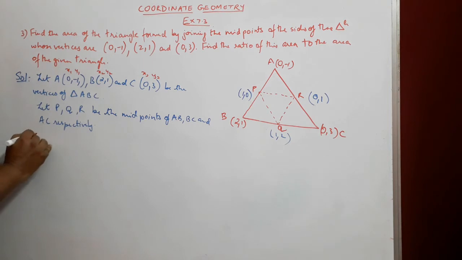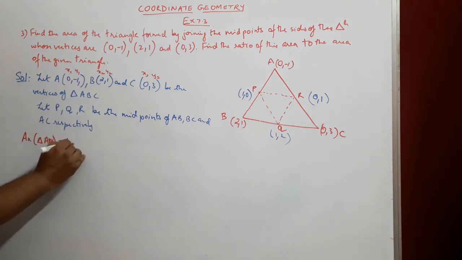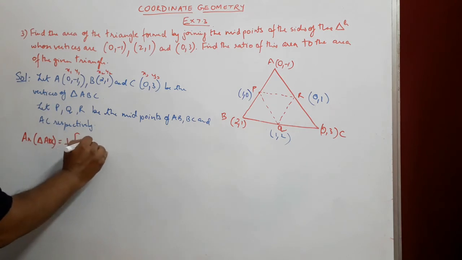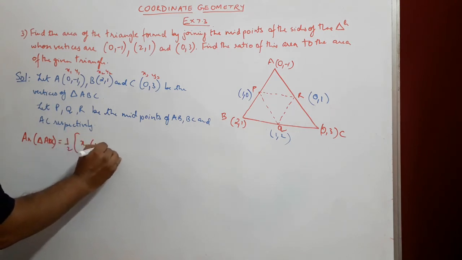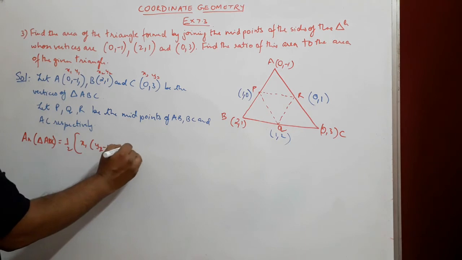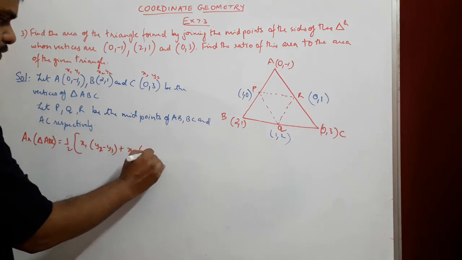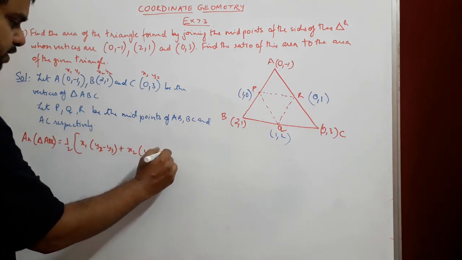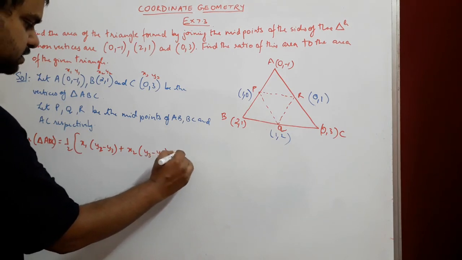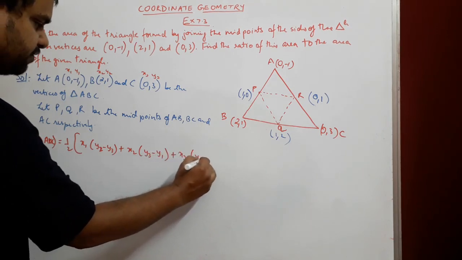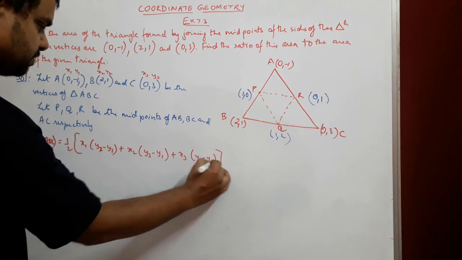Let's begin finding the area of triangle ABC. Area of triangle ABC equal to half into x1 times (y2 minus y3) plus x2 times (y3 minus y1) plus x3 times (y1 minus y2). Close the bracket.